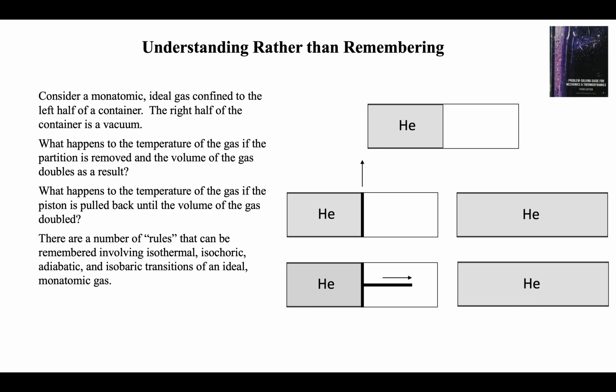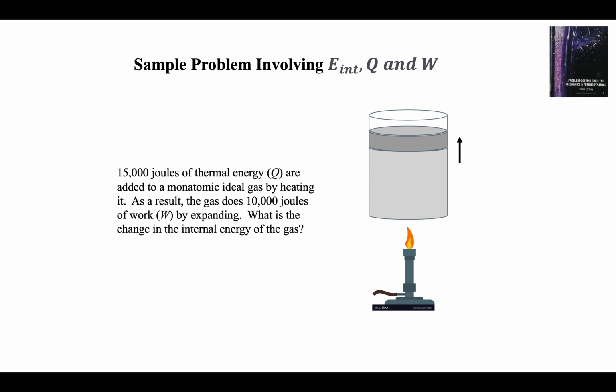But if you're just remembering rules without understanding, you're going to forget them all. So is the temperature of the gas the same in these two situations? If you understand fundamentally what's going on, it will be obvious to you. If you remember rules, you will have no idea if you don't remember the rules. So understanding the concepts is key to doing well in this module.